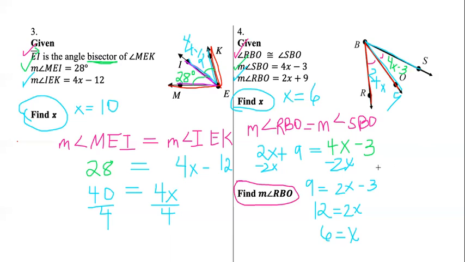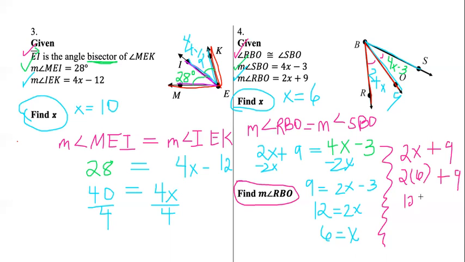Okay, so RBO is 2x plus 9. We want to substitute 6 in for x. So, separate my scratch work. 2x plus 9 is RBO, but we know what x is, so we'll substitute that 6 in. 2 times 6 is 12.